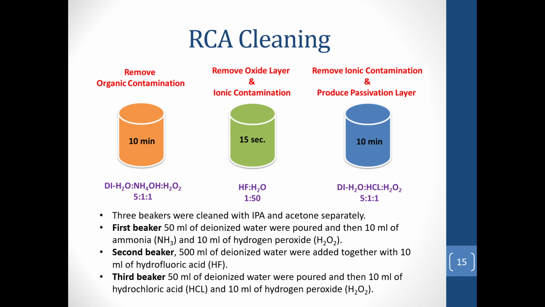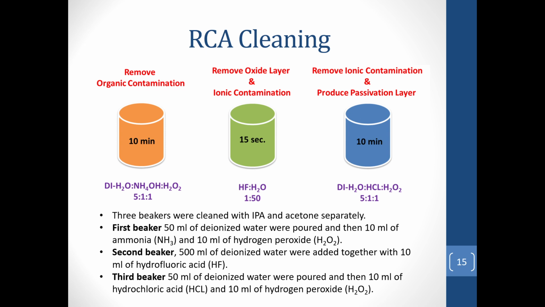In the second beaker you take 500 ml of deionized water and add 10 ml of HF, hydrofluoric acid. In the first beaker you stir for 10 minutes, and in the second beaker you stir for 15 minutes.